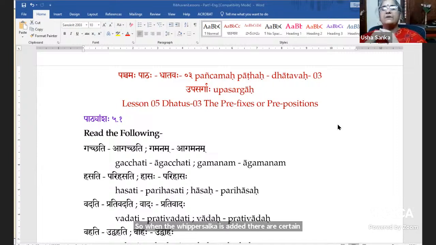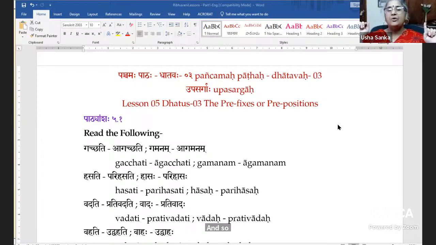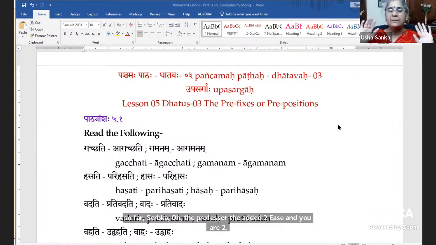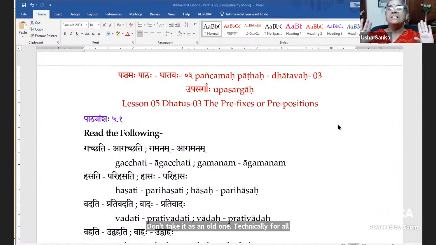First of all, it forms a new dhatu. Please note down: a sopasargaka dhatu, or an upasarga-added dhatu, is a new dhatu. Don't take it as an old one. Technically, for all practical purposes, it is a new dhatu.